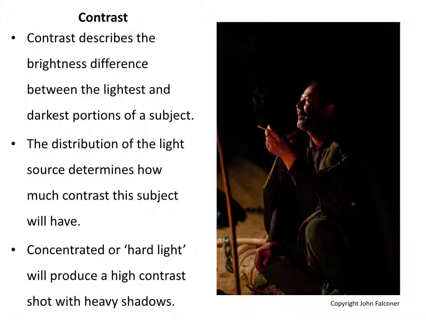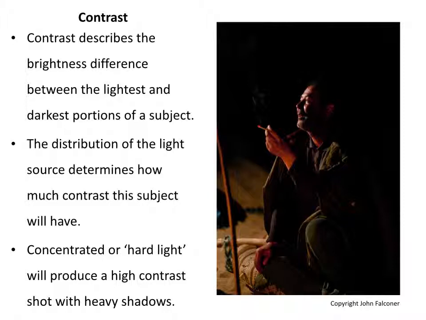When you have lighting conditions such as very bright daylight, so only ambient light, or very bright flash and very little ambient light, you will get a very contrasty shot. Now, contrast describes the brightness difference between the lightest and the darkest point of the subject. The amount of contrast will depend on the distribution of the light source.